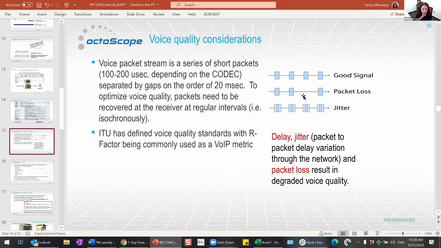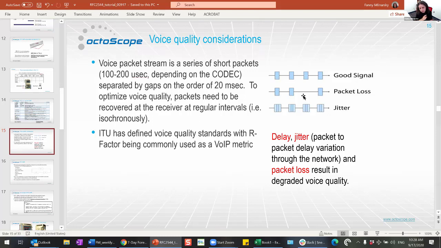Jitter, obviously, the codec that actually creates the voice signal out of these packets that arrive to your PC. There's a coder-decoder, a codec device, that takes all these. My voice is chopped up into little packets, sent over the Ethernet. They come in, they have to be reassembled by the codec, and my voice is created back to you. But if I have jitter, then it doesn't know the sequence of these packets.